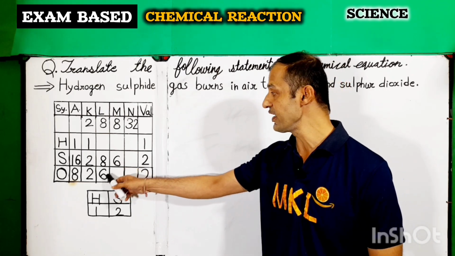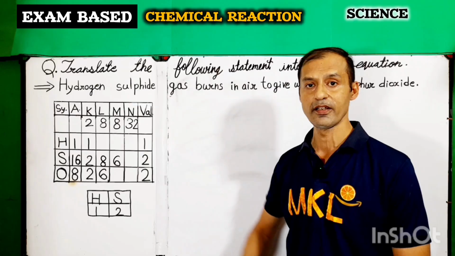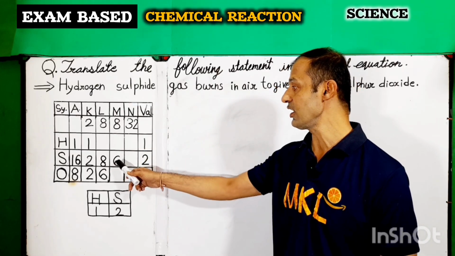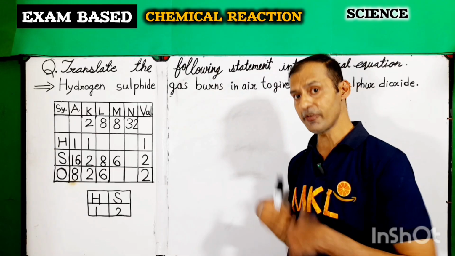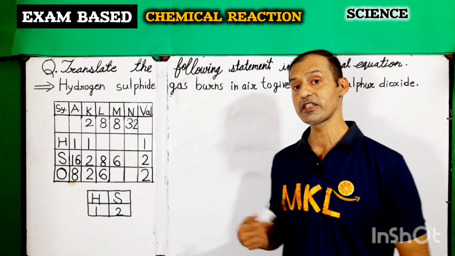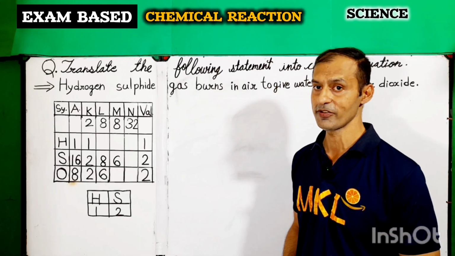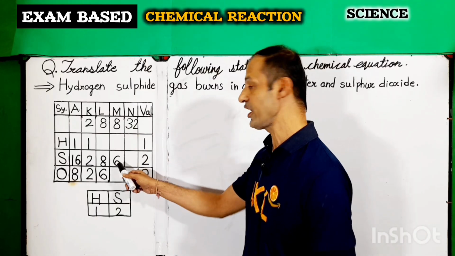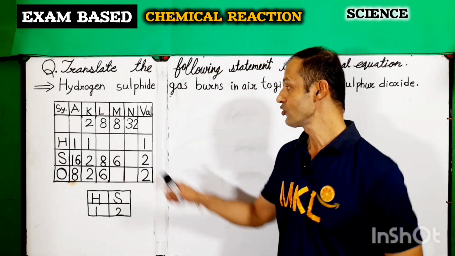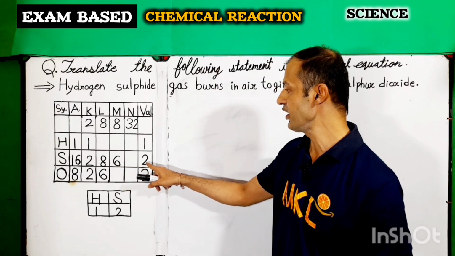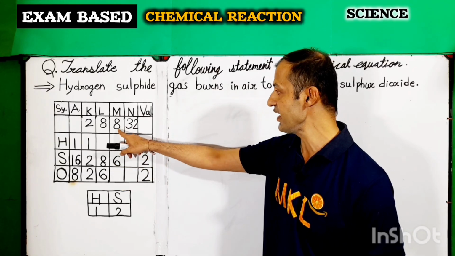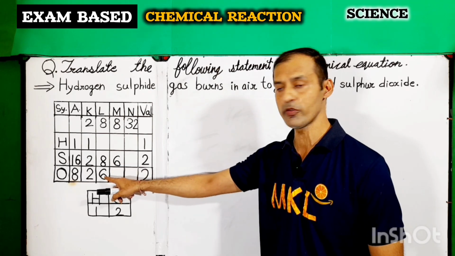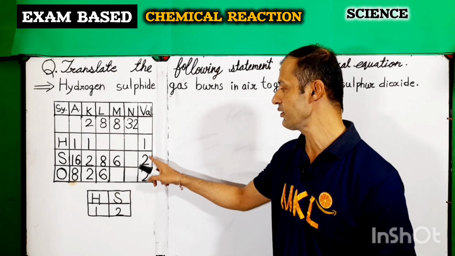These are bigger and nearer to 8, so to complete the valence shell they accept electrons instead of giving electrons like hydrogen. So we subtract from 8: 8 minus 6 gives 2, and again 8 minus 6 gives 2.